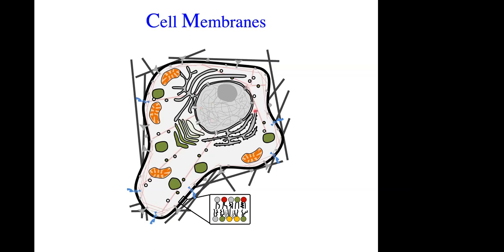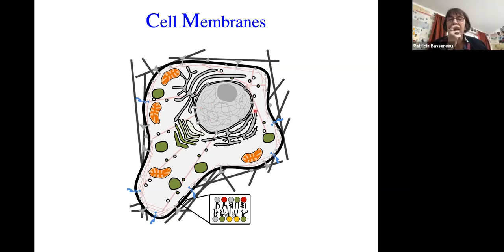As I said, the general questions we address are usually related to the cell membrane. I'm sure that you know that not only is the cell surrounded by a membrane called the plasma membrane, but most of the compartments in the cell, like the nucleus, the ER, the Golgi, the mitochondria, are surrounded by membranes, sometimes one, sometimes two.